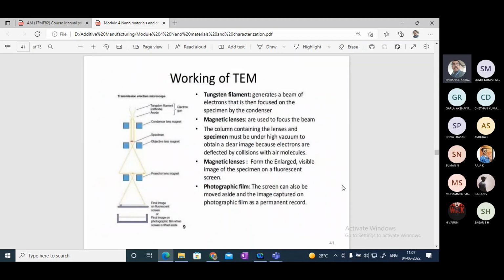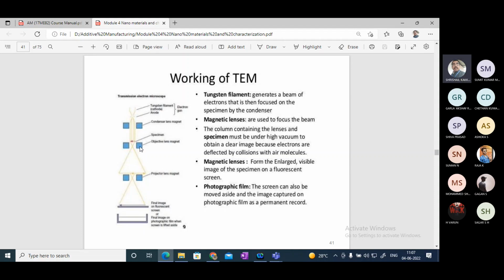In the working of the transmission electron microscope, there will be a tungsten filament. The tungsten filament generates the beam of electrons, and this is focused on the specimen by means of a set of condensers. The condensers are used to focus the beam onto the specimen.